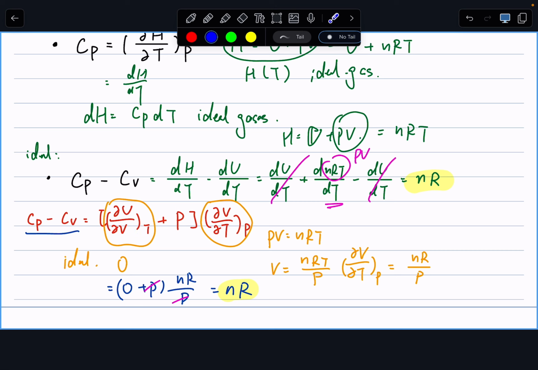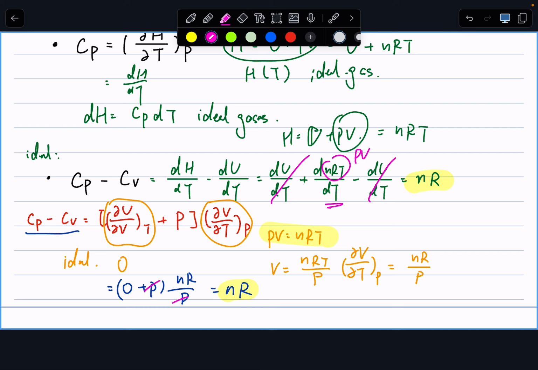Yes? How did you get that dV over dT at constant P equals nR over P? Well, we're looking for how volume changes with respect to temperature, so we're looking at a volumetric equation of state. What is the equation of state for an ideal gas? That's PV equals nRT.